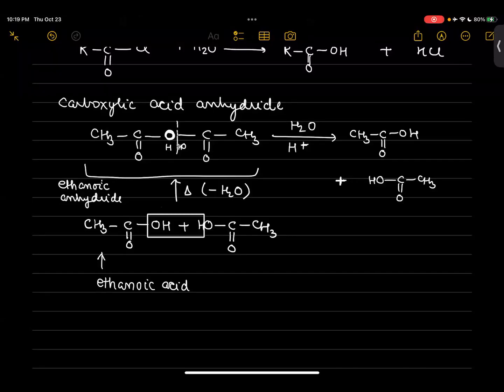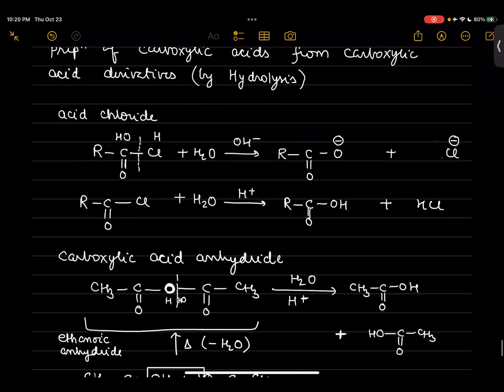Anhydride means without water. So I write the name up to ethanoic, but not acid. Instead of acid, I use the word anhydride because it is without water.